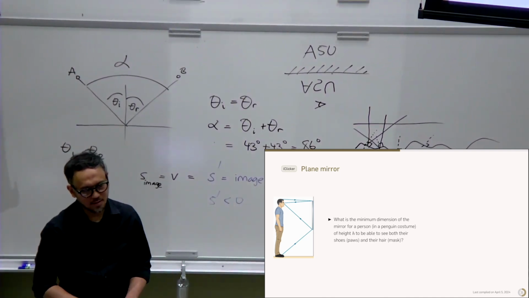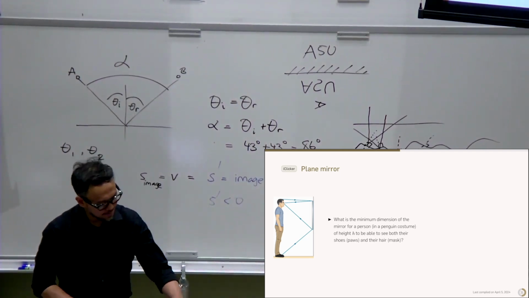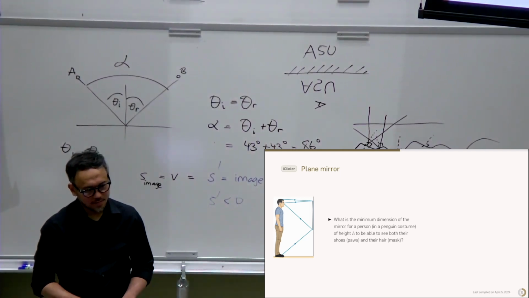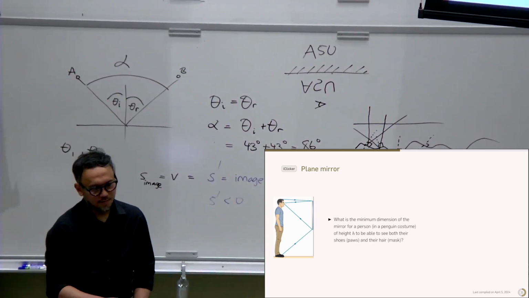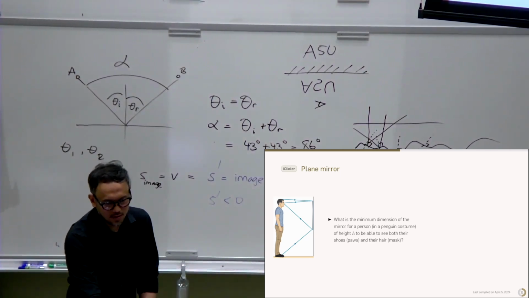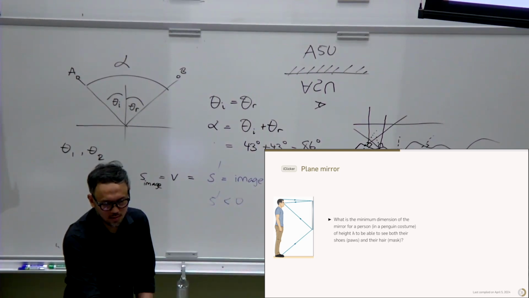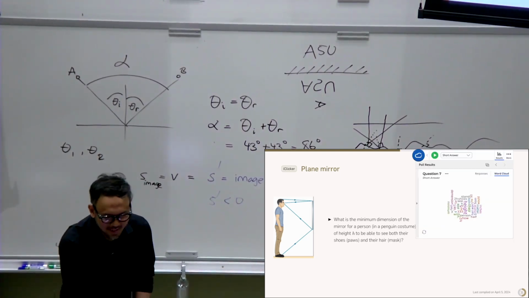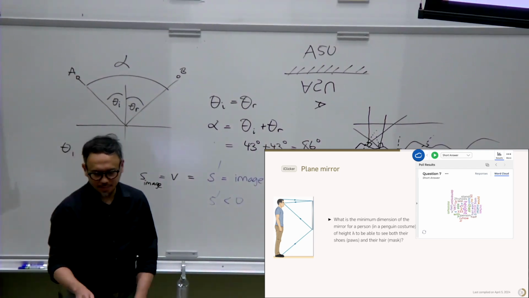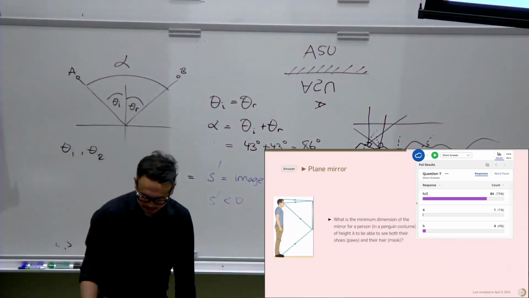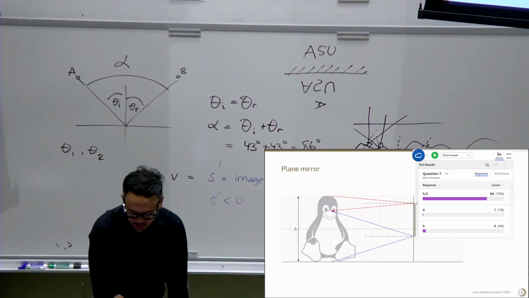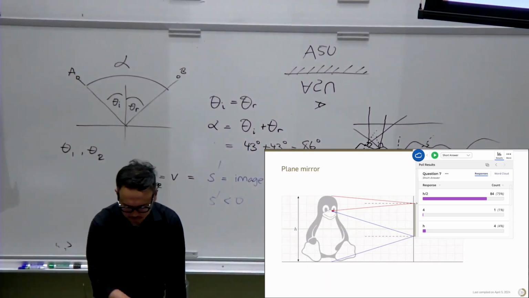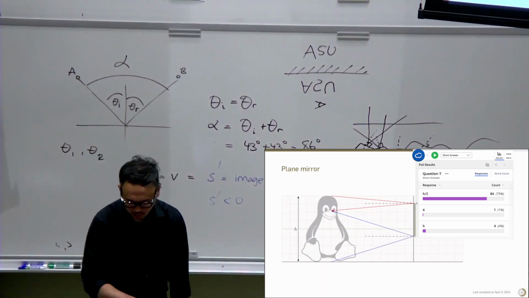All right. 80% of you have answered. 10 more seconds. 5, 3, 2, 1. Okay, good. So this is the answer. Sorry. So the answer is half of the person. I couldn't find a font that looks like a person, so I chose the symbol of Linux.